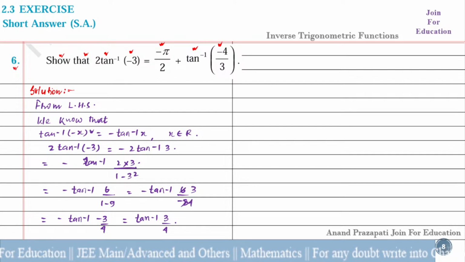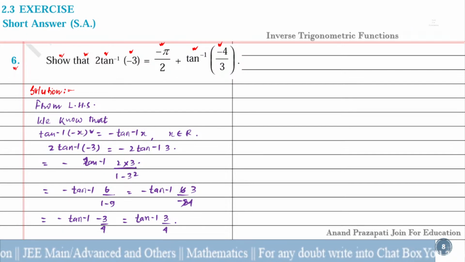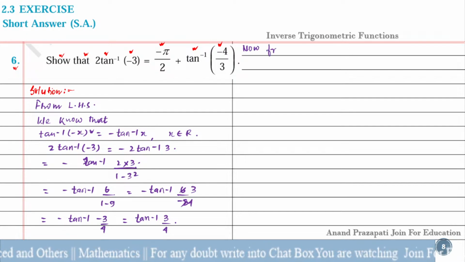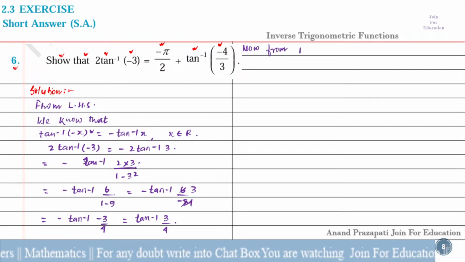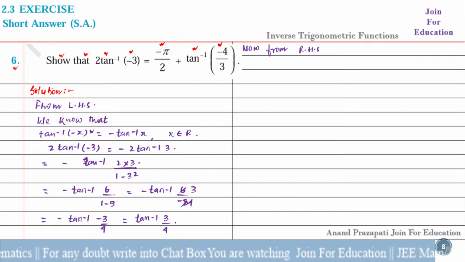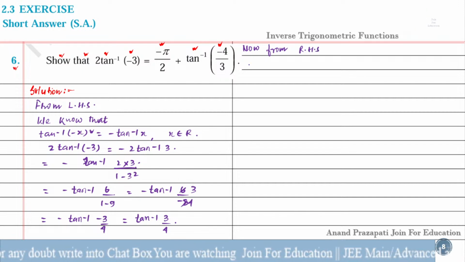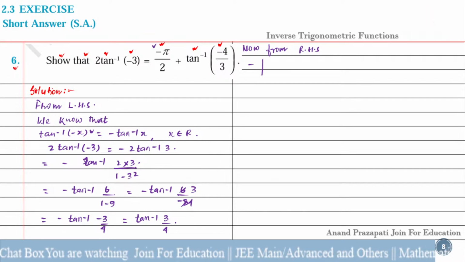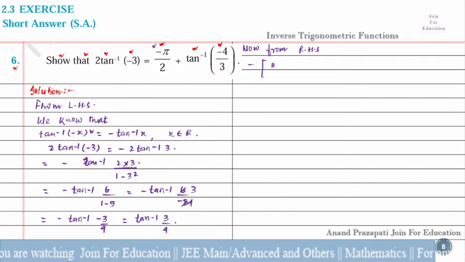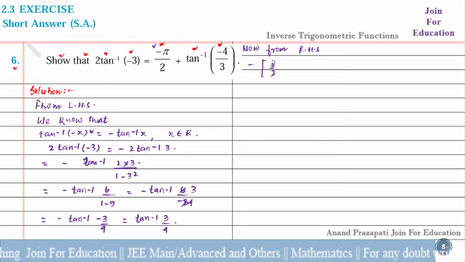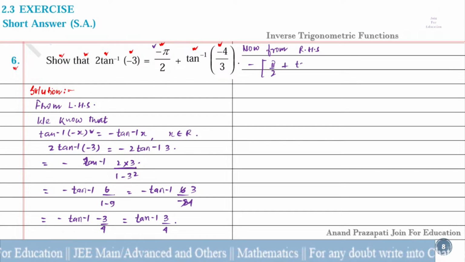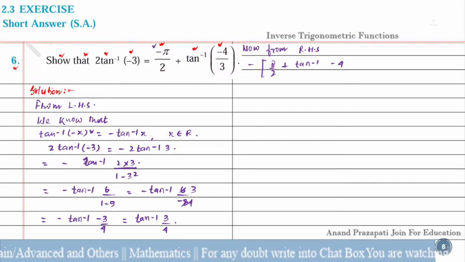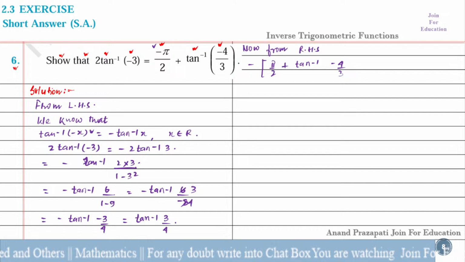Now from RHS, we take minus common here, so minus of 5 by 2 plus tan inverse minus 4 by 3.